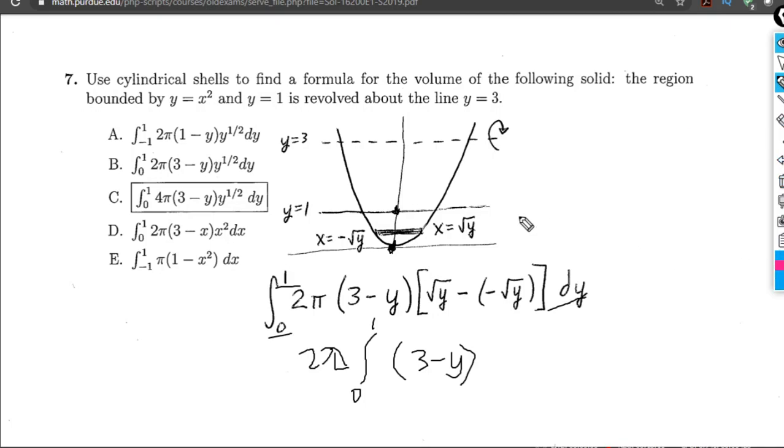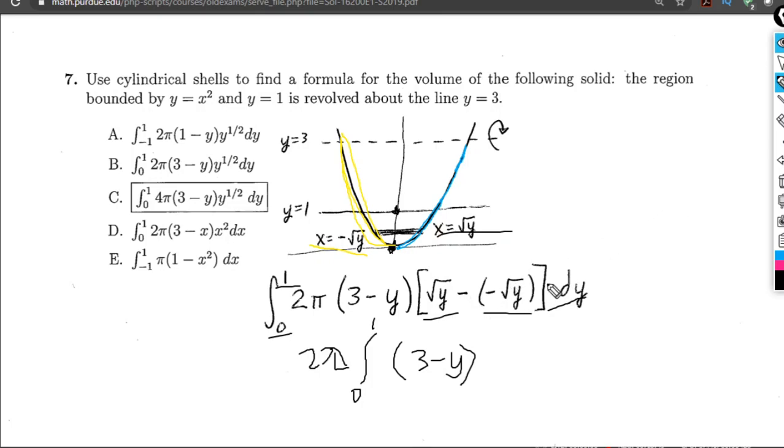And the height, as we notice, you can turn your head 90 degrees counterclockwise, and then you can see that the height starts with this equation. You can separate the parabola into two halves, and the bottom half will be this equation, and that's why it's marked x equal to negative square root of y, and x equal to positive square root of y. So the height difference would be the top equation, square root of y, minus negative root y.